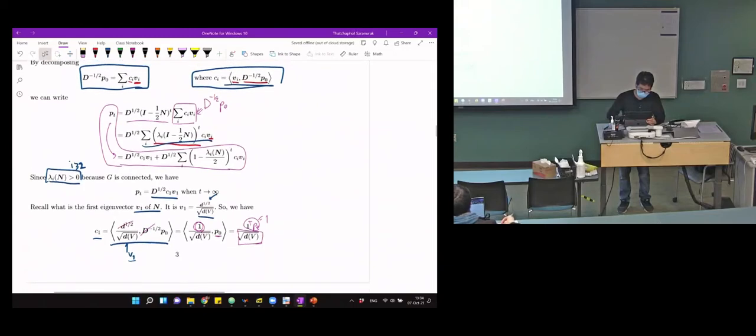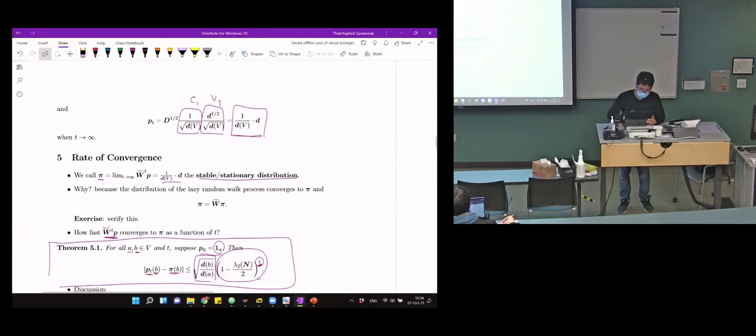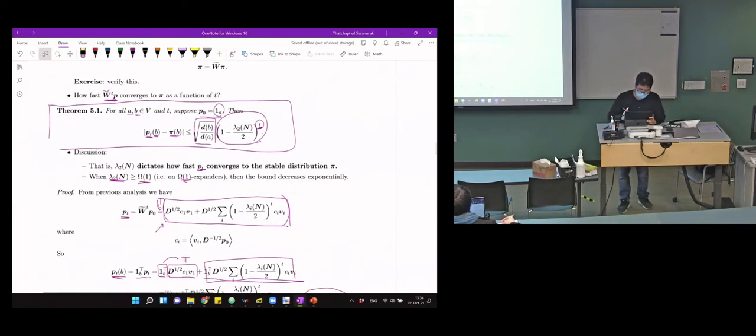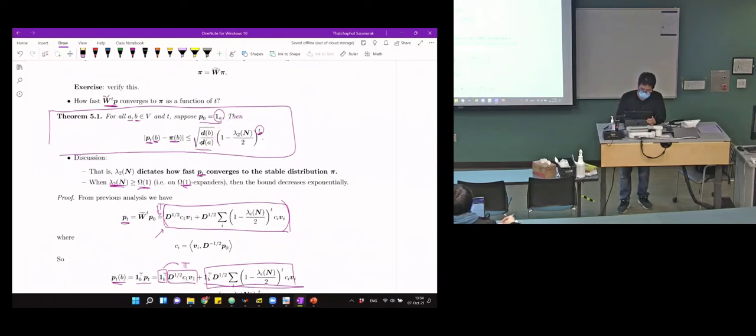Basically, what we have seen is here. So this is the deviation between p_t and pi on each node v. And if lambda 2 is big, which means that the graph is an expander, then the deviation really decreases exponentially fast, right?